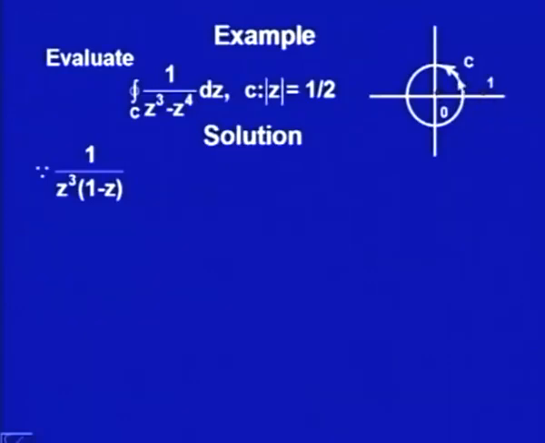My contour is mod z equal to half, the circle with radius half. So certainly the singular point 1 is outside my region of interest. Inside the contour there is only one singular point, 0. So I should use a Laurent series which is valid in the region containing this one.